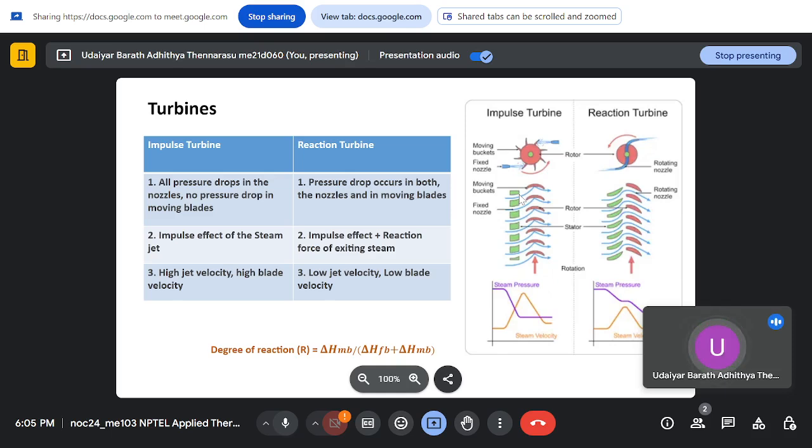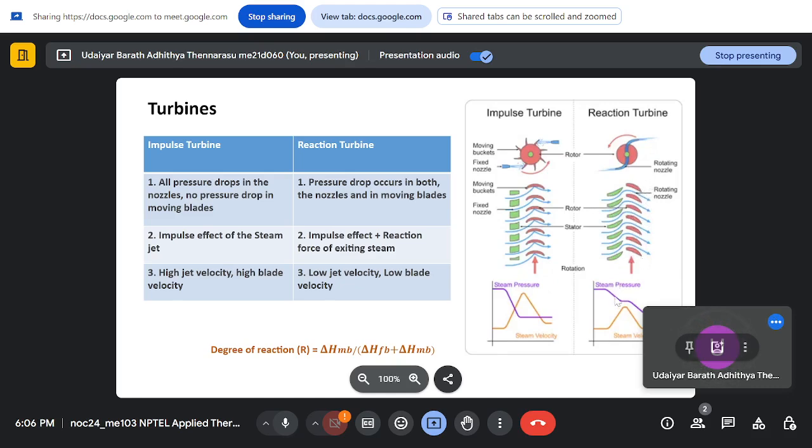But what happens in a reaction turbine? In a reaction turbine, there is no longer a fixed nozzle. Across the turbine, because of the fluid coming out and the velocity differences, the turbine blade is made to rotate. Here there are two parts: one is a fixed blade and the other is a moving blade.